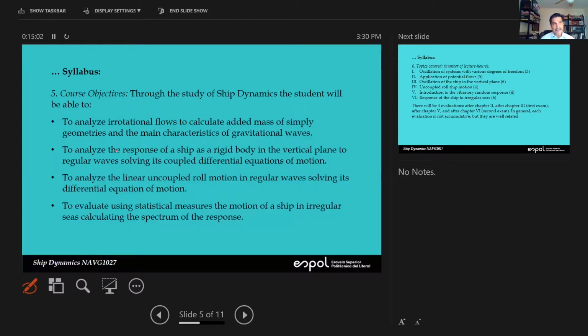It's the root mean squared. We're going to use that, and we have to mention some other statistical concepts in order to handle this calculation. Okay, so these are the 4 objectives that we want you to be able to do at the end of the semester.